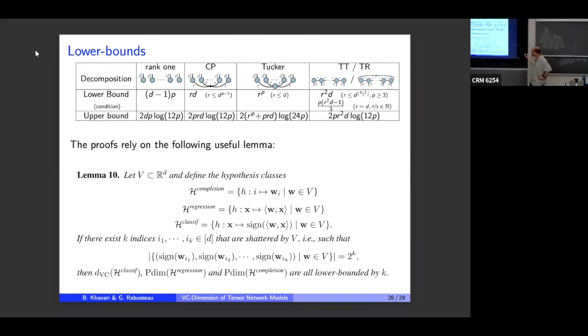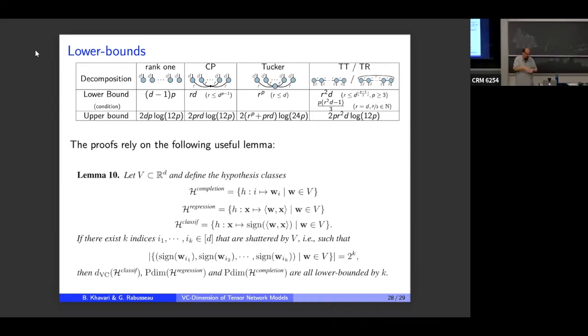It's a simple thing that tells you that if you have a subset of R^D, so you have a set of d-dimensional vectors, and then we consider the hypothesis class, the one for classification or regression or whatever, if there exist k indices such that they are shattered by V. What I mean by shattered by V is that there are k components in my vector where I can realize every sign pattern only on those k components of these vectors. Then this implies that the VC dimension or the pseudo dimension of this hypothesis class are all lower bounded by k.